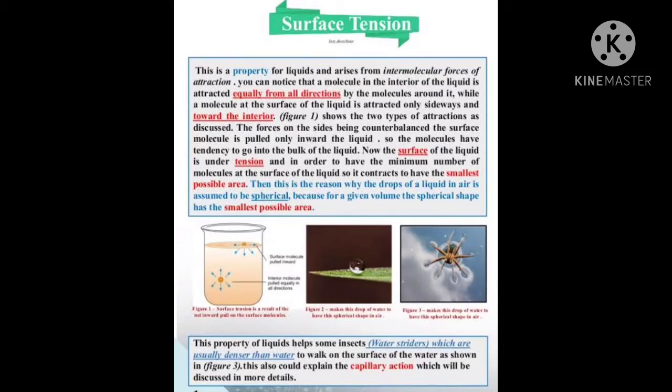So this type of force which act perpendicular to the direction of the molecule, perpendicular to the surface. So this type of force is known as surface tension.